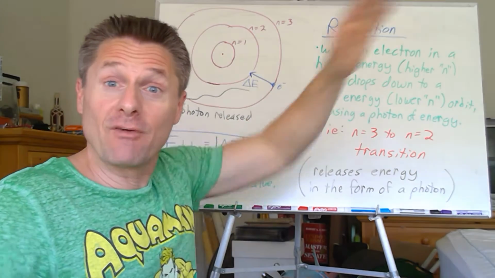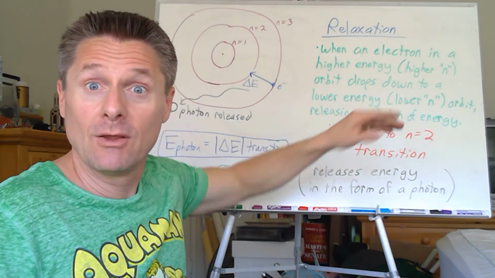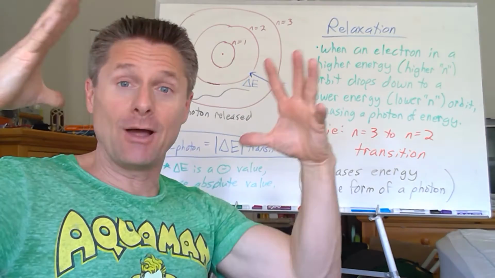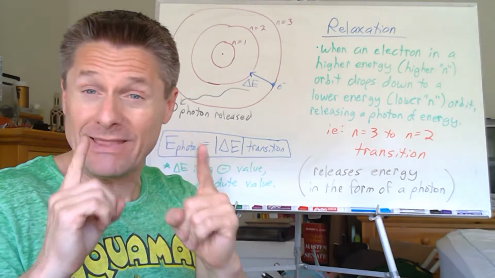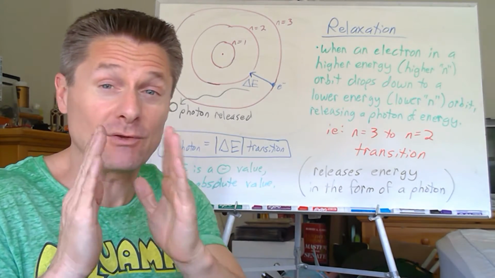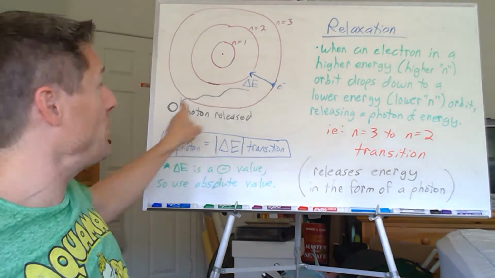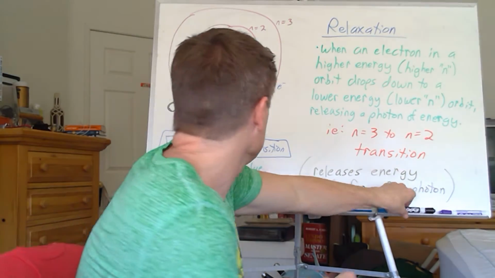When that electron drops from a higher n to a lower n, that energy is released. The atom is going from a higher to a lower energy system. The difference in energy between those two systems is released, commonly as a photon. So, poof, a photon shoots out. That's called emission.